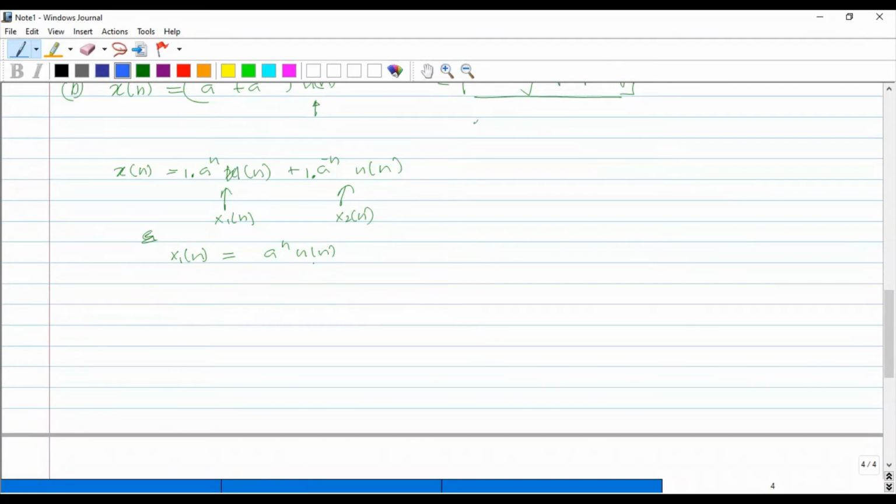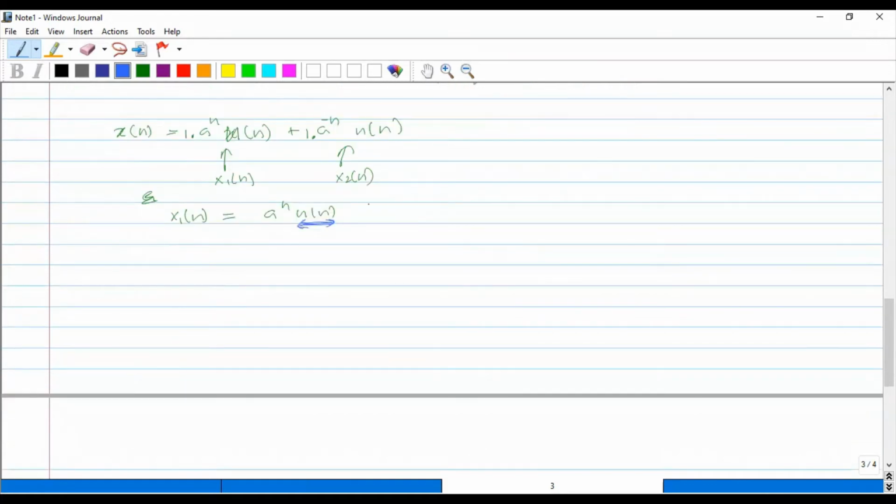We were talking about the matter of this u[n]: what kind of impact it has on the signal. If I draw this u[n], we know that it starts from 0, and if it is not weighted, we have 1.